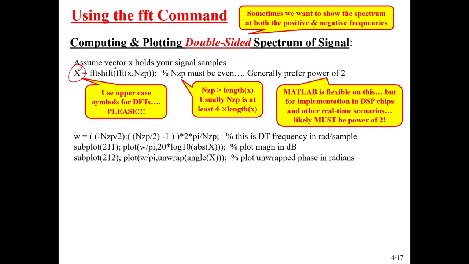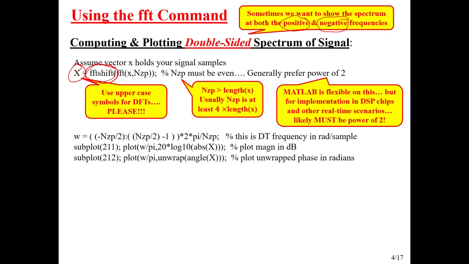Oh, and I should comment on the FFT shift here. The FFT gives you the DFT points in an unusual order. It makes sense when you see the theory of DFTs and FFTs, but the point is that it puts the positive frequencies first, and then the negative frequencies are at the end of the computed vector, and we don't normally want that.